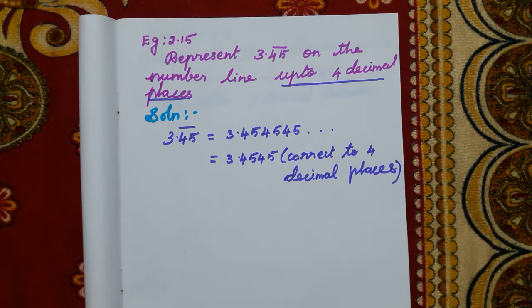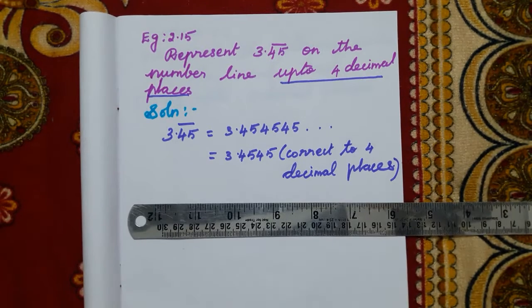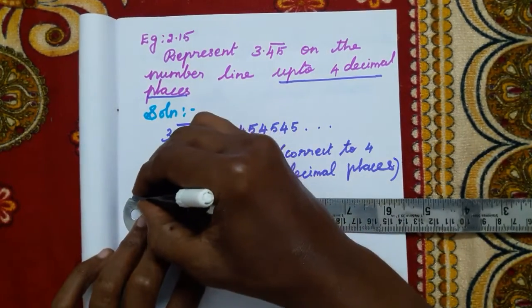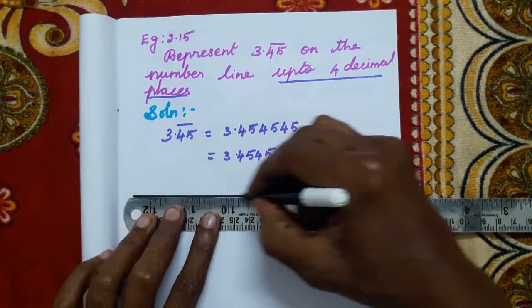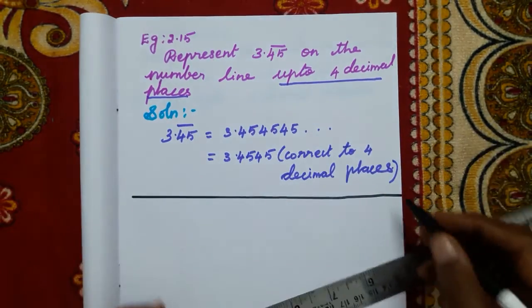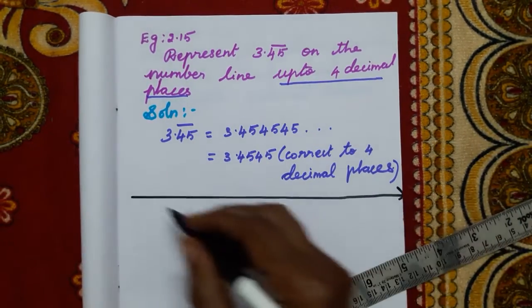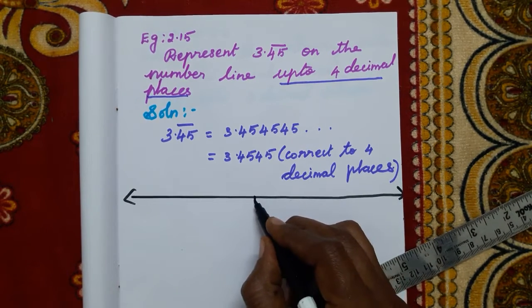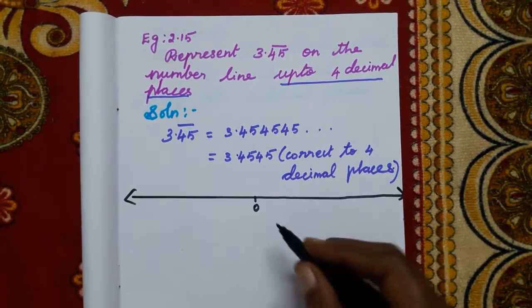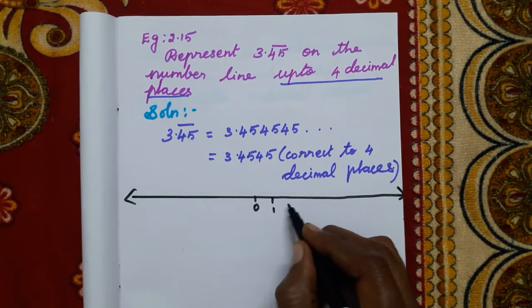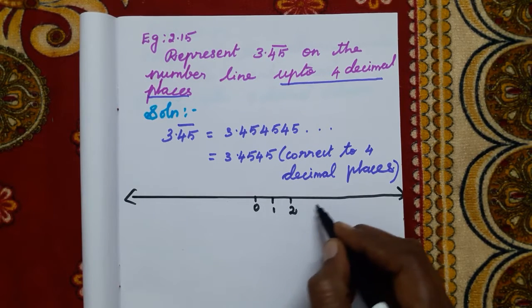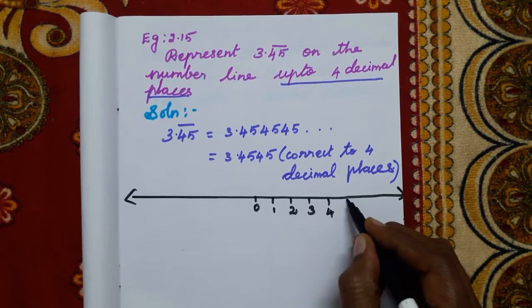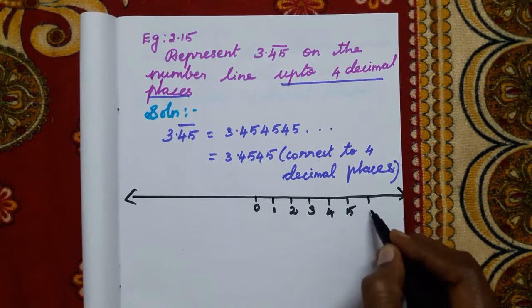Afterwards we have to draw a number line. First we have to draw a line. How can we mark it? 0 in the middle. Next, here 1, 2, 3, 4, 5, 6.